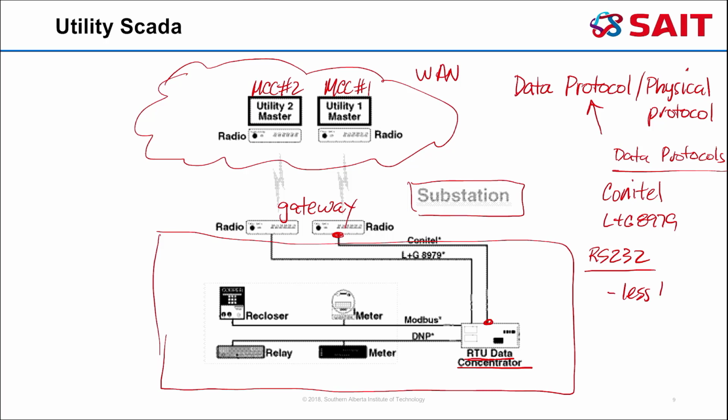Less than 15 meters length, right? Because now we're working on the physical protocol side of things. Less than 15 meters in total length. This would have to be a straight through connection, and it would have to be straight through based on what? Based on the fact that we're connecting to a DCE, right?